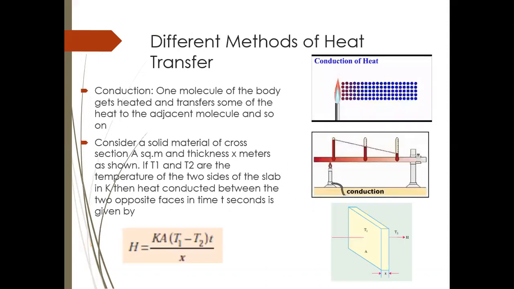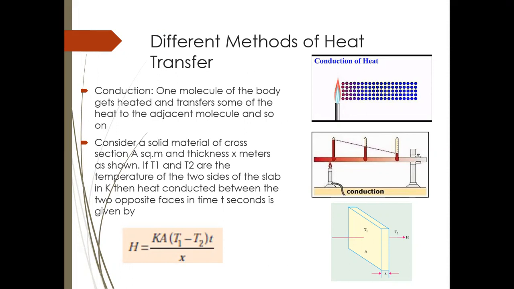So these were the different advantages of the electric heating method. There are different methods of heat transfer which are used to transfer heat from a hot body to a cold body. Here we will discuss one of them, the process of conduction.